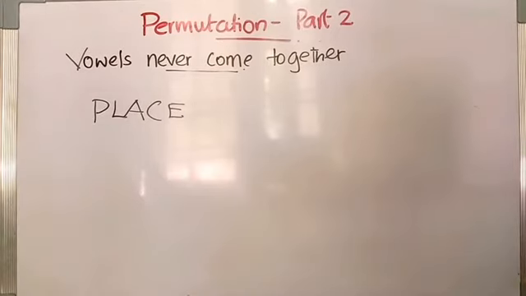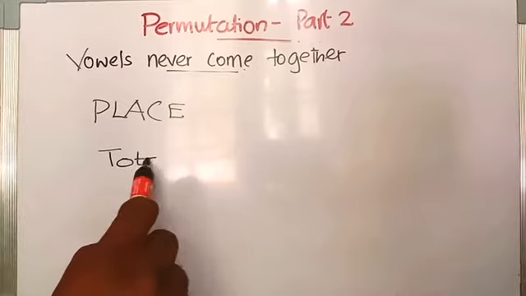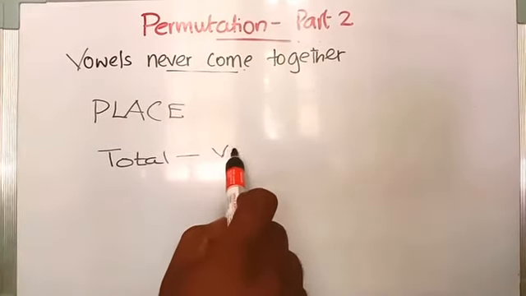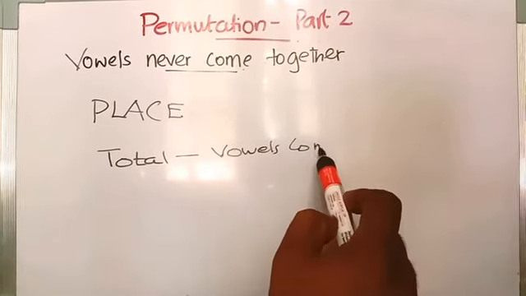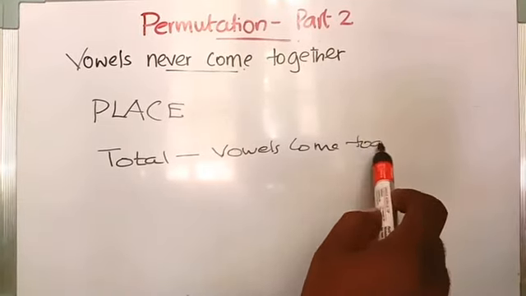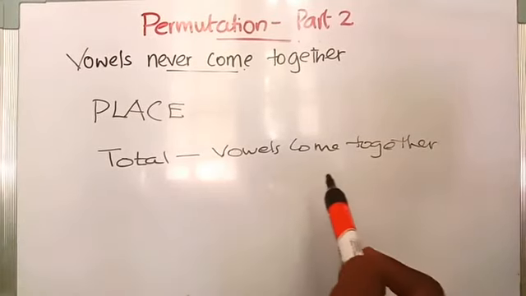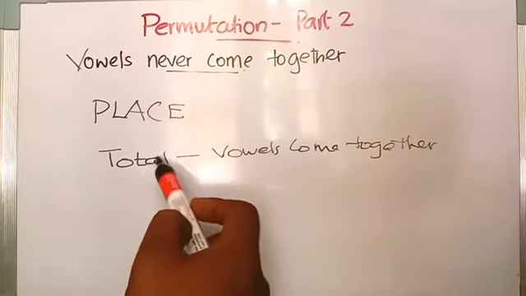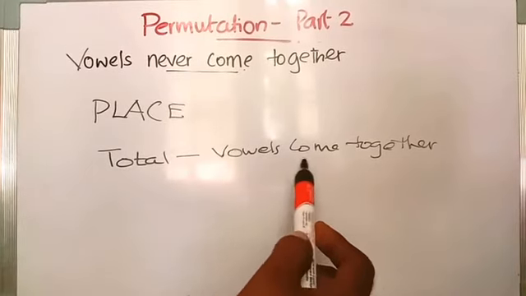One of the methods we can use for that is: find the total arrangements. From that, delete the arrangements where vowels come together, as we do not have any other extra conditions.